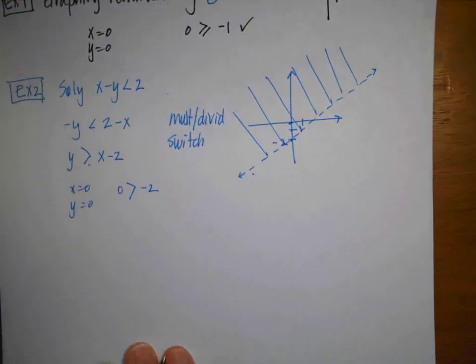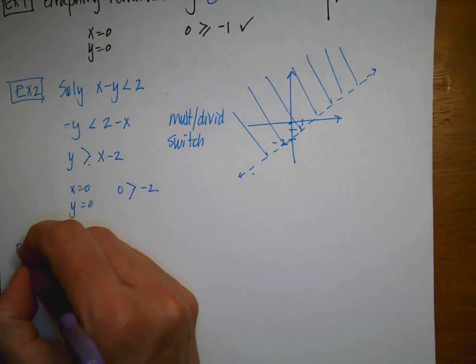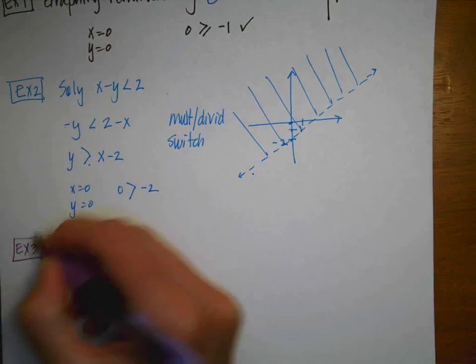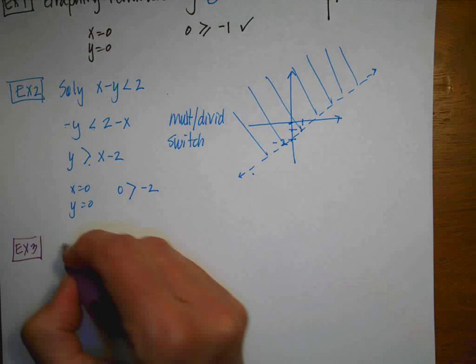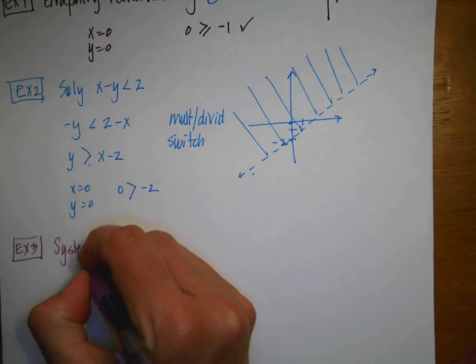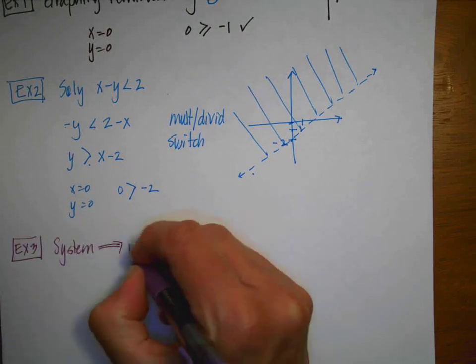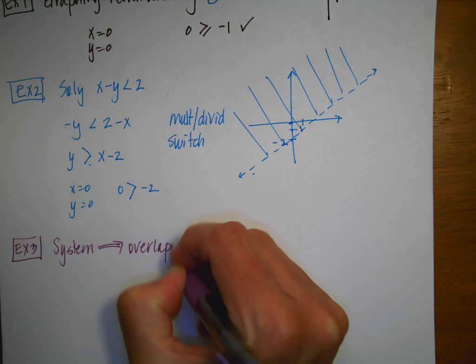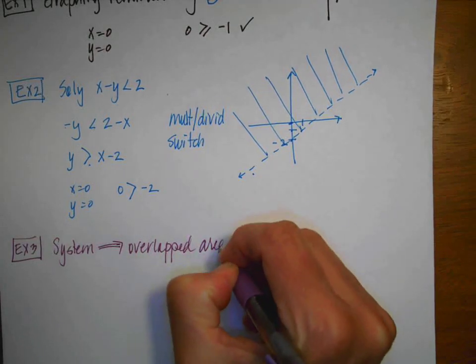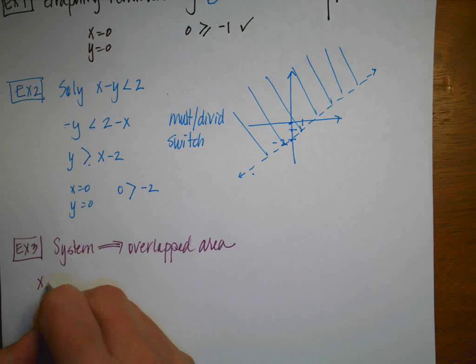All right, for the next example, we're going to do a system of inequalities. So when we're looking at a system, we're looking for the overlapped area. And let's just do our equations.